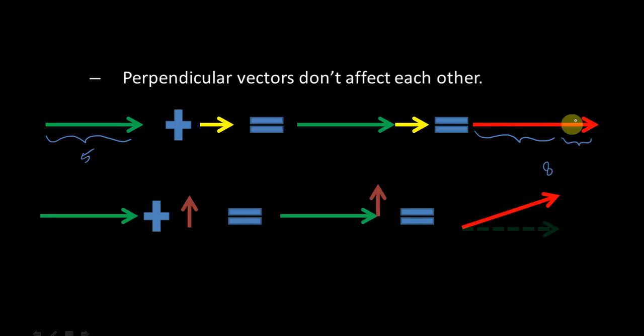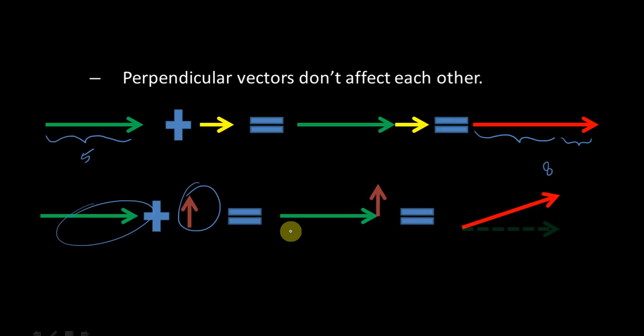Unlike up here, where the horizontal vector got larger, this one stayed the exact same. If you were moving to the right at 5 meters per second, and then you started moving upwards at, I don't know, 2, whatever, at the end, if we broke it back into components, you still have the same horizontal velocity. That did not go away. Adding this vector here in no way changed this vector.